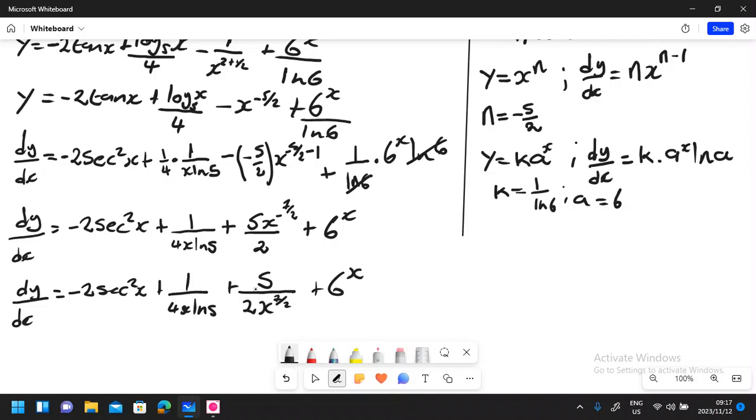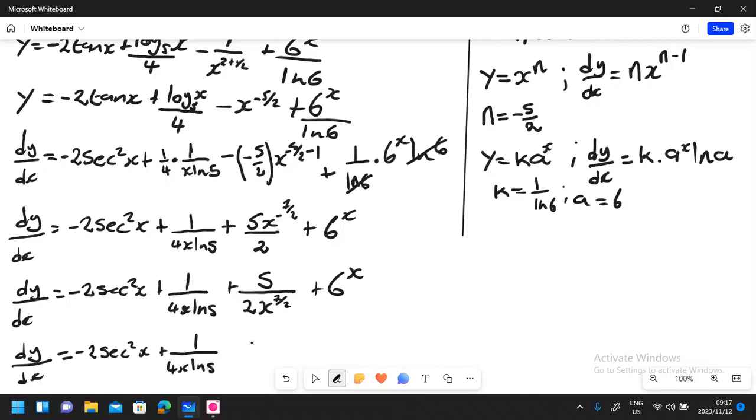Okay, so this is not the final answer. The final answer should be dy, because we do have a fraction here as an exponent, so it should be negative 2 sec squared x plus 1 over 4x natural log 5, and then plus 5.